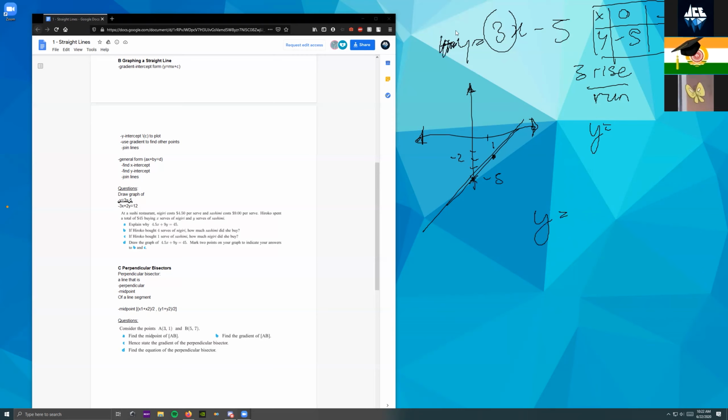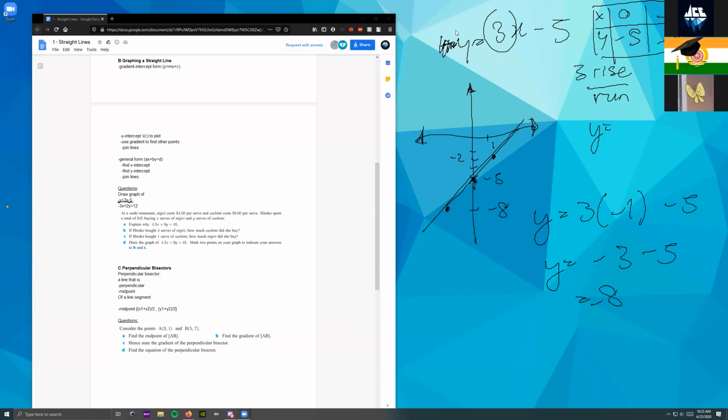So for example, y equals minus 1 times 3 minus 5, which is y equals minus 3 minus 5, which results in minus 8. So the values that you found are these, and that's how you make your points.